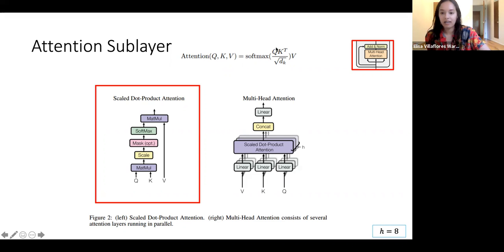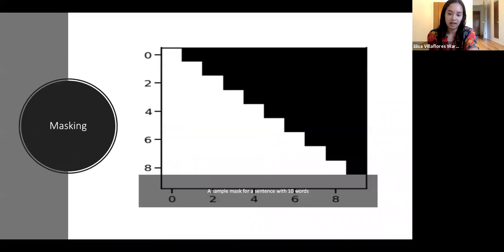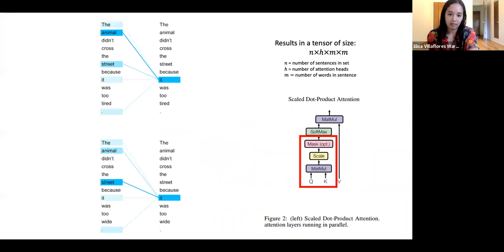You would get that if you take this matrix before the softmax, before you multiply it times V. So I think that's where they pull their weights from in this section.